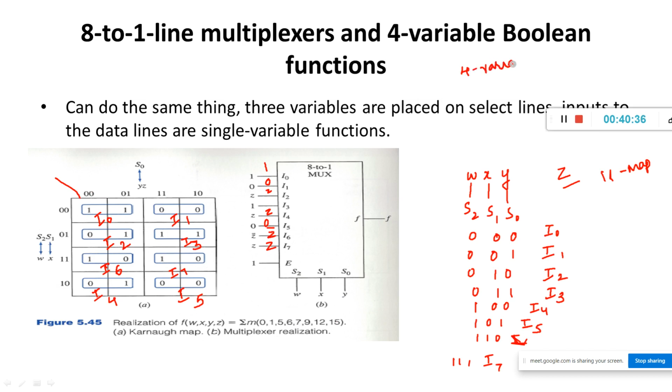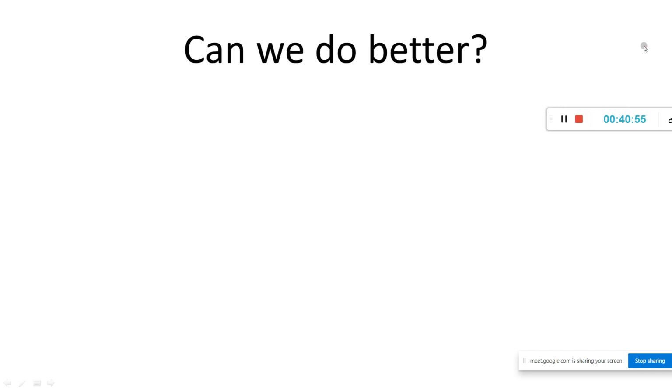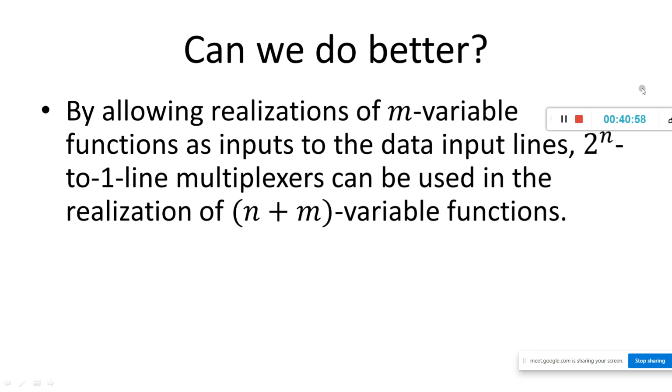A 4 variable function is implemented using an 8:1 mux. Okay, so can we do still better? Yes, we can still do better. What do you mean by better, students? Better means that in the previous slide a 16:1 mux was implemented using an 8:1 mux.